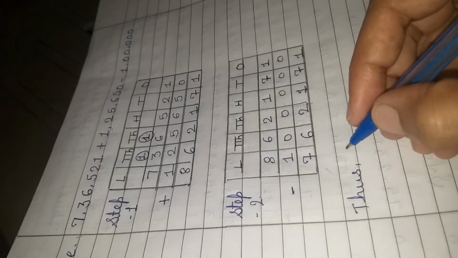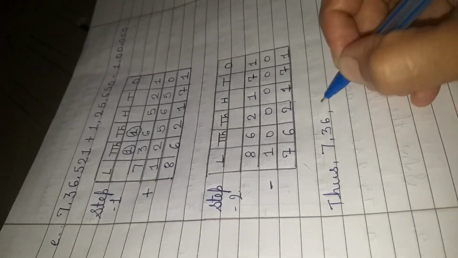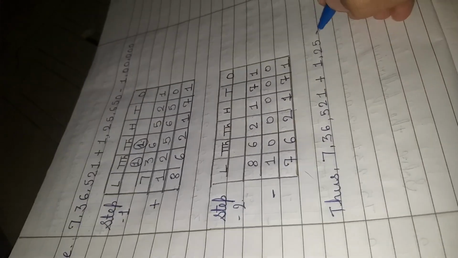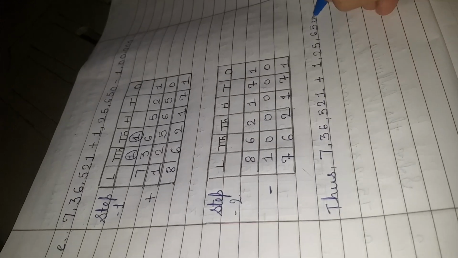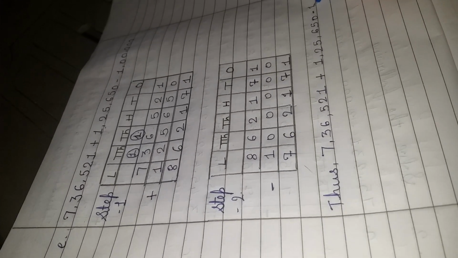Thus, we are going to copy the example: 7,36,521 plus 1,25,650 minus 1 lakh.